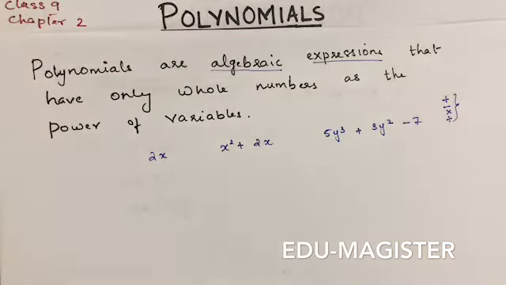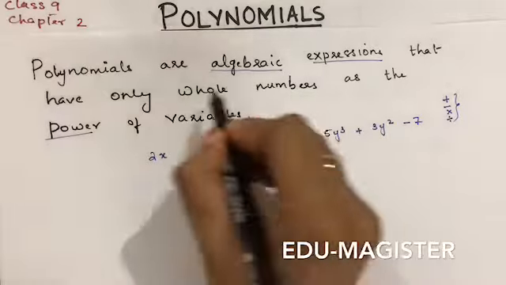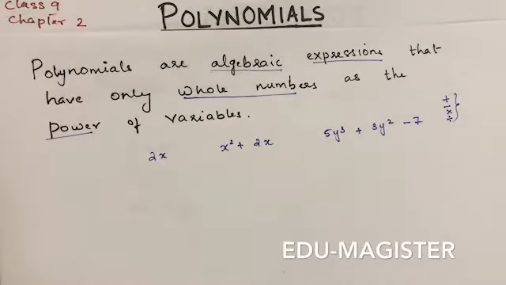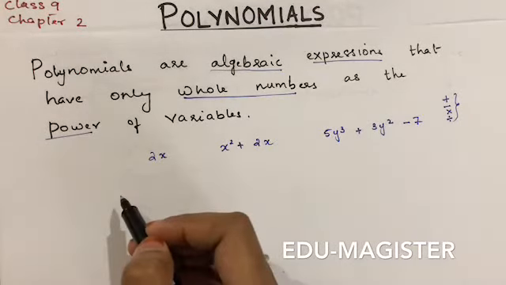Alright. Now, as per the definition of polynomials, in a polynomial, the variables will have only whole numbers as the power of their variables. I hope you guys remember what is meant by power.